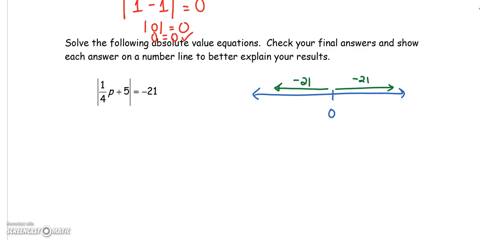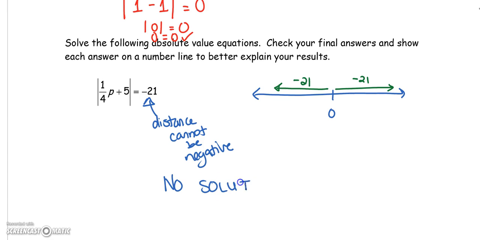And the problem with that is distance cannot be negative. Therefore, there are no solutions to this problem because I cannot be negative 21 units to the right and negative 21 units to the left of 0 distance-wise.